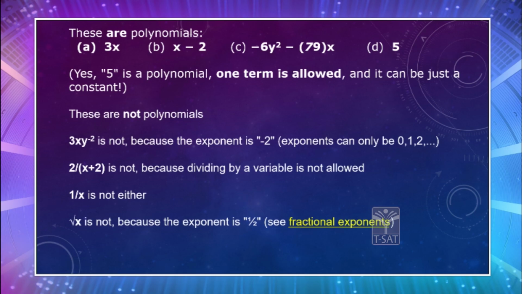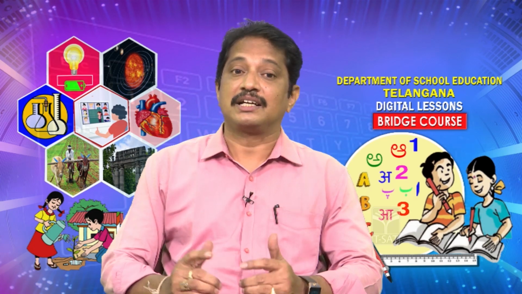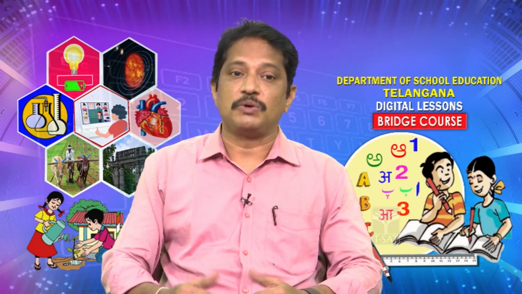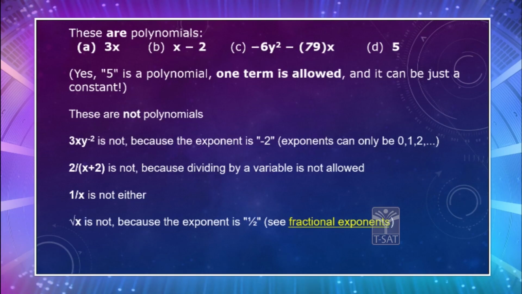Maybe you understand some algebraic expressions are not polynomials, correct. Let us take another one, 2 by x plus 2. It is also not a polynomial. Here 2 is divided by the variable expression x plus 2. So, division by a variable is not allowed.